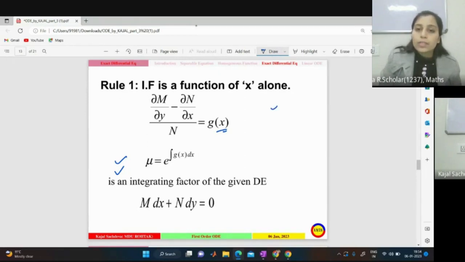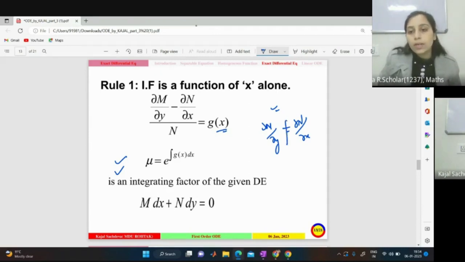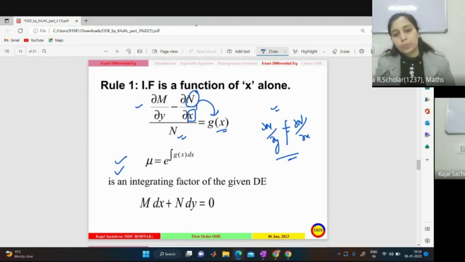The trick for this is, we know that for exactness, ∂M/∂y is equal to ∂N/∂x. But if this is not equal, then just subtract them, take N in the denominator and get this function. So this is just a trick to memorize.